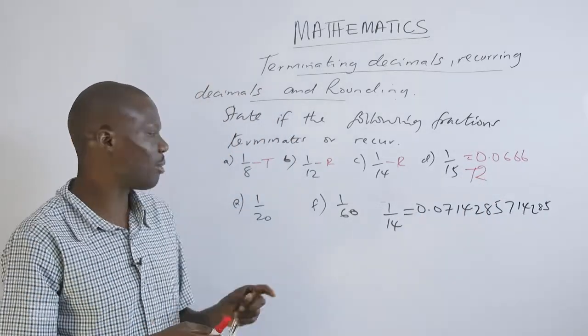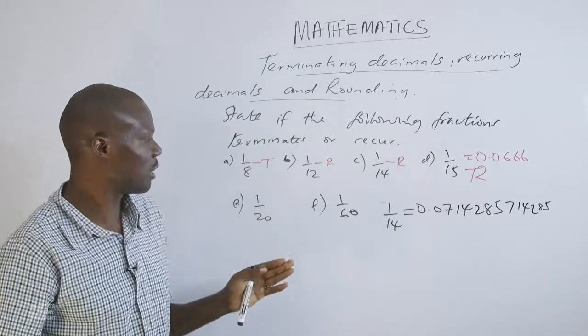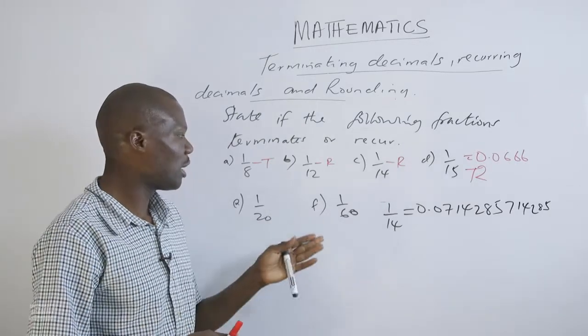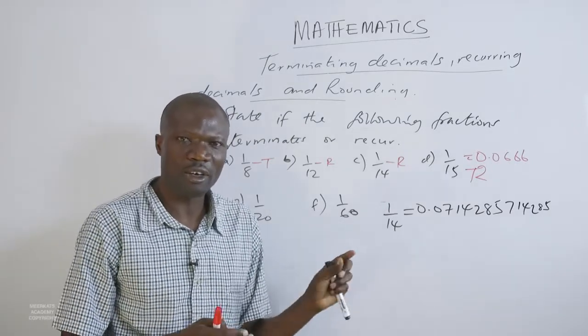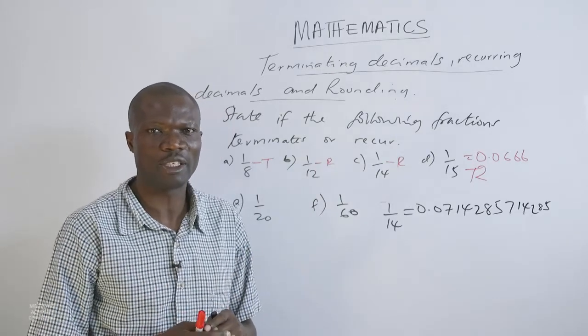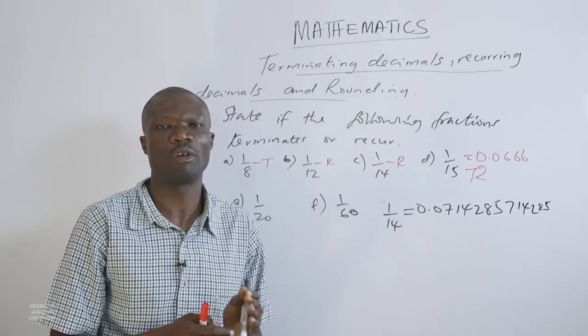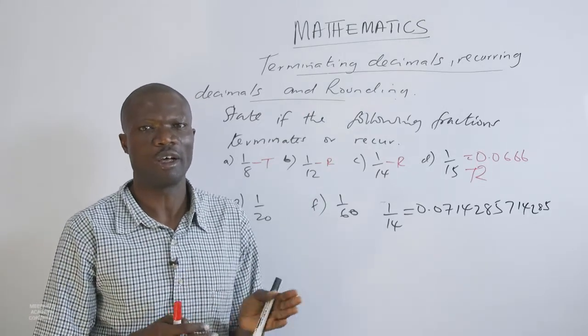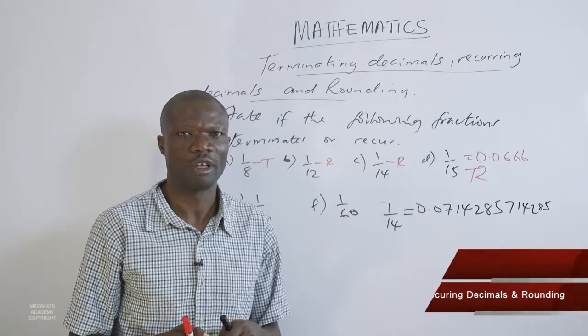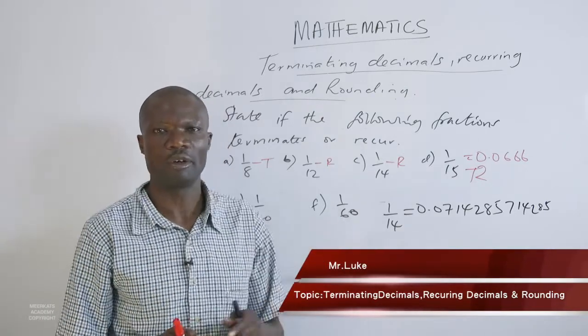At your own time, look at 1 over 20 and 1 over 60. Study the pattern of the behavior of the decimal places. You'll always be able to tell if it's a terminating decimal or a recurring decimal. That is it for now. Thank you.